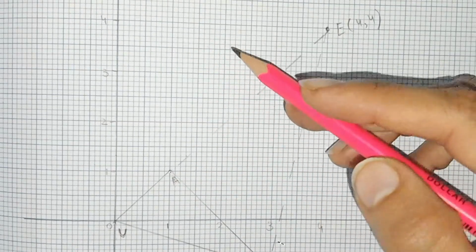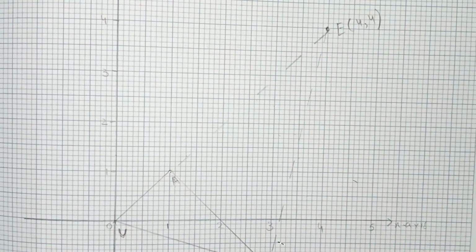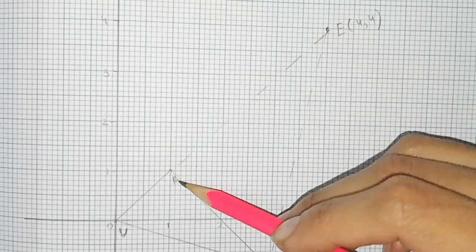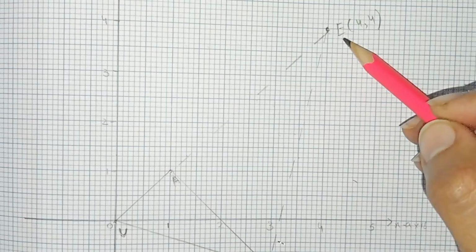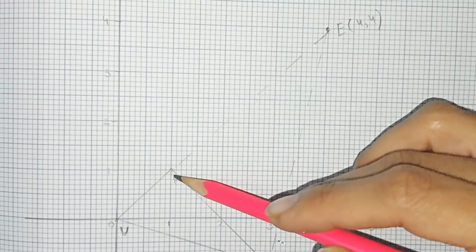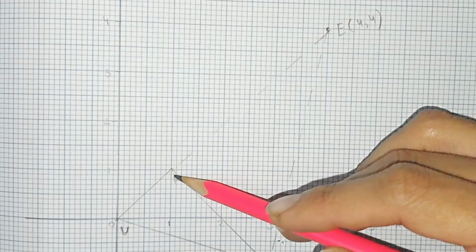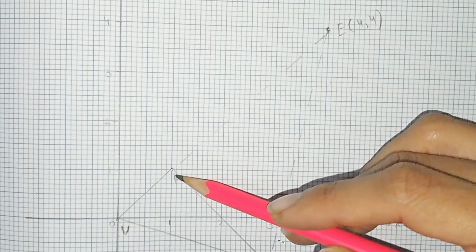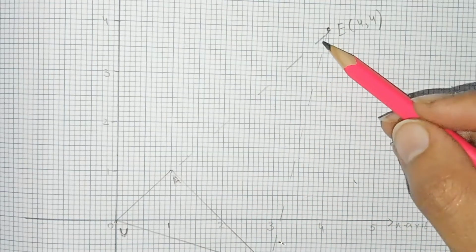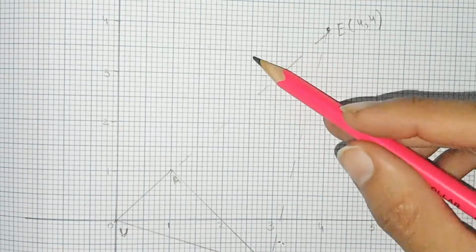We divide the 6 by 2 because the scale factor is half, and we get 3. It means now the point P is 3 from the center of enlargement. 1, 2, and 3, it must be there.